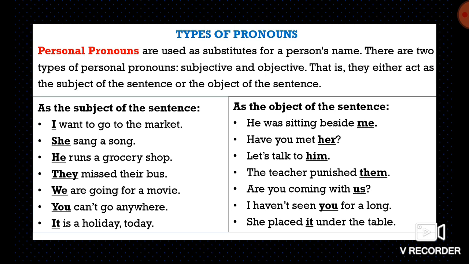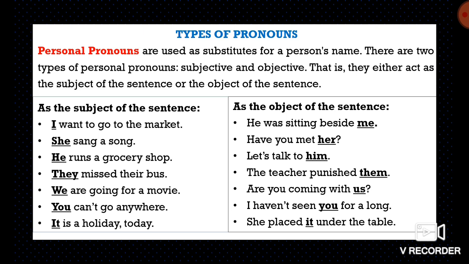Now let's have a look at the sentences where pronouns act as the subject of the sentence. First, I want to go to the market. Second, she sang a song. Third, he runs a grocery shop. Fourth, they missed their bus.